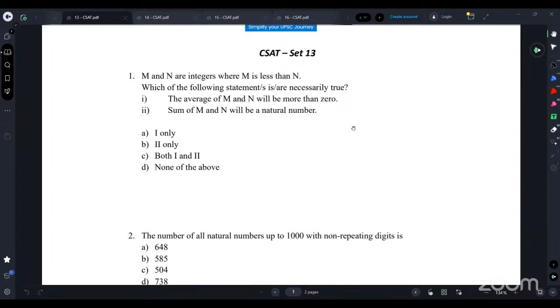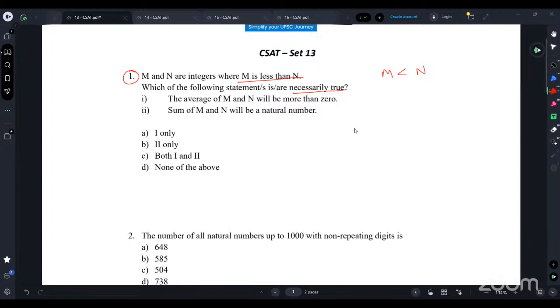So let's start with the first question from the CSAT set 13. M and N are integers where M is less than N. Which of the following statements is or are necessarily true?